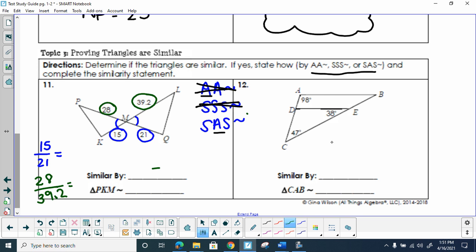All right, number 12, you're going to have to figure out this third angle in this small triangle. It would have to be the same as one of these angles, either angle A or B, in the big triangle.